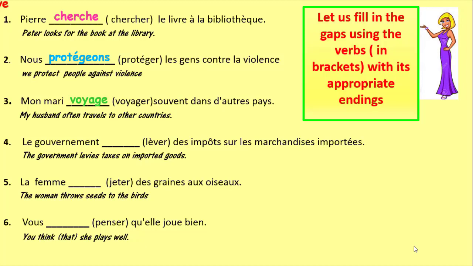Le gouvernement lève des impôts sur les marchandises importées. Numéro 5, number 5. La femme jette des graines aux oiseaux. Numéro 6, number 6. Vous pensez qu'elle joue bien.